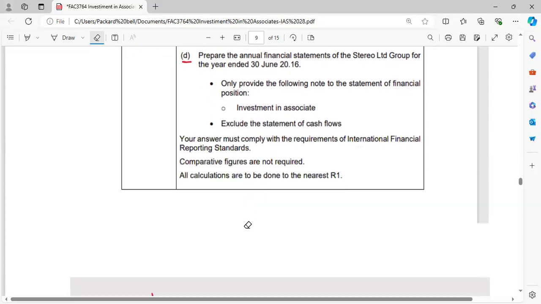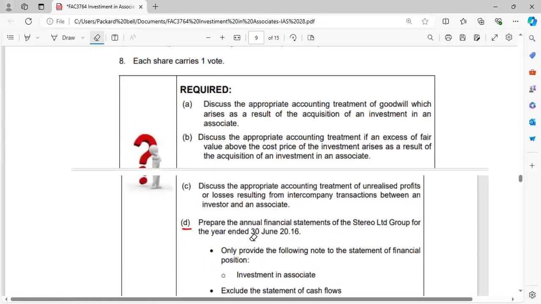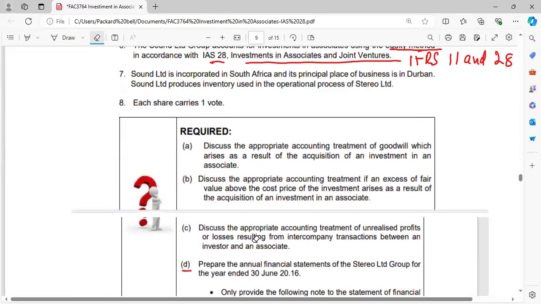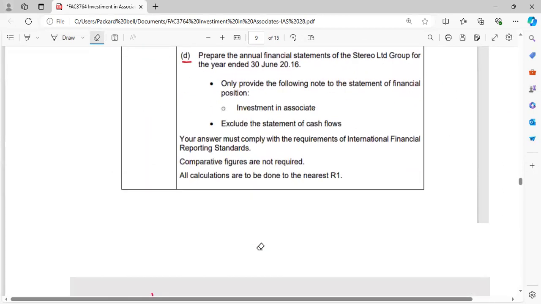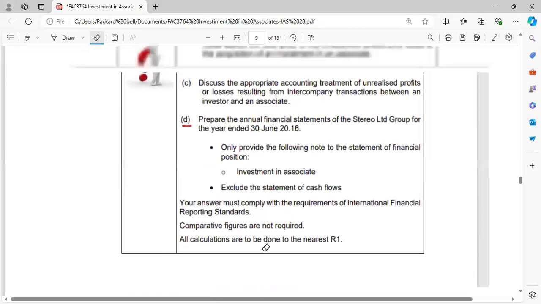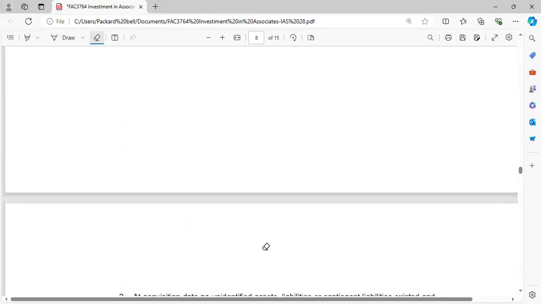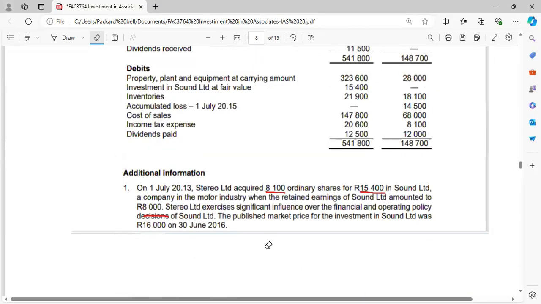Let's use the method that we have shown there. So we need to calculate if there is goodwill. The first thing is to determine the percentage of interest.